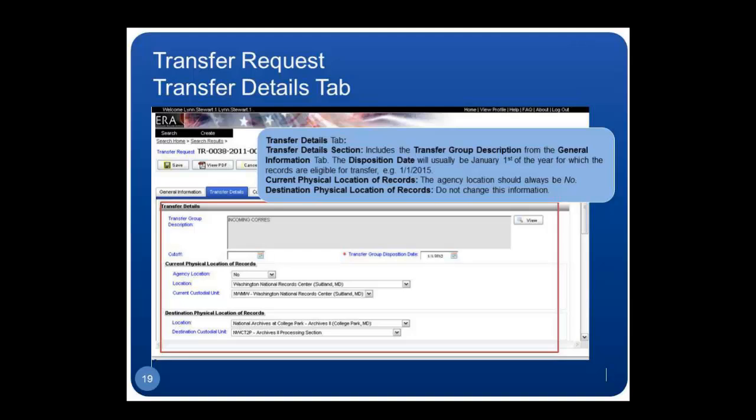This is transfer details. There is hope. This is the second longest tab. All right. At the top, we have something easy. The very top section of the transfer details tab, the system simply repeats exactly what's in the transfer group description.